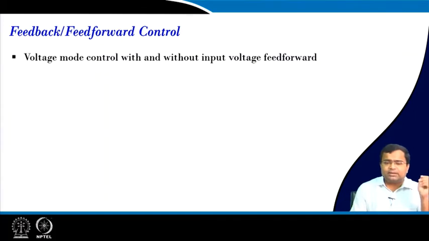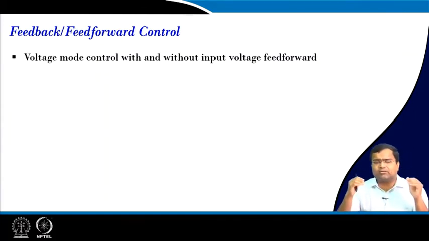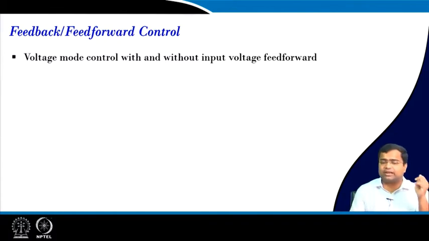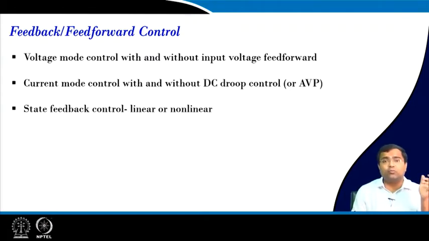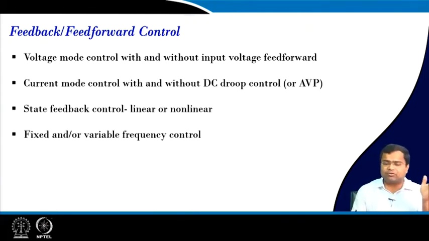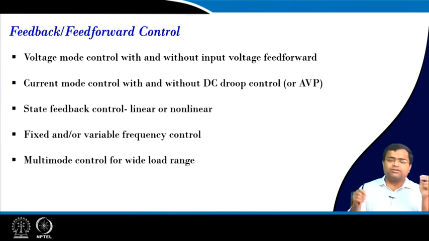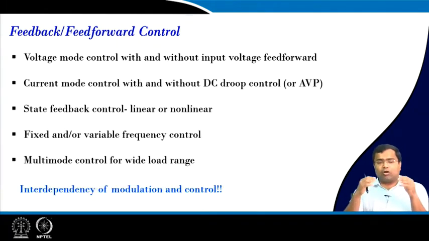Next, we have discussed in our earlier course feedback and feed forward control, like voltage mode control with and without input voltage feed forward, current mode control with and without droop control, then state feedback control, linear and nonlinear control, fixed and variable frequency control, multi-mode control, and all these controls are actually interdependent.